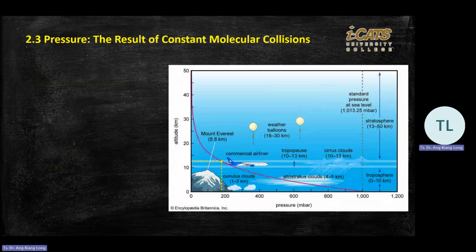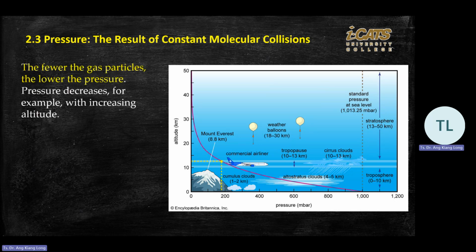This is also another chart that gives you the altitude and the pressure. As you move higher and higher, the pressure will reduce in the atmospheric setting. This is on atmosphere. Important, the highlight in yellow: if you have lower pressure, it means you have fewer gas particles in the atmospheric setting.